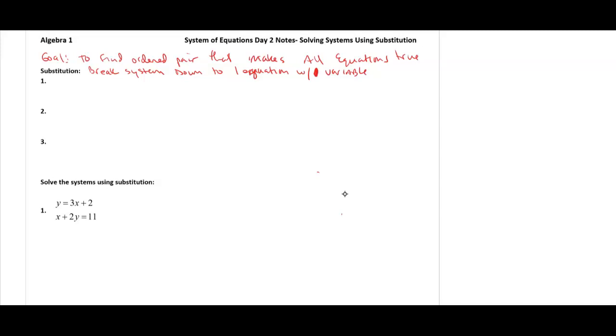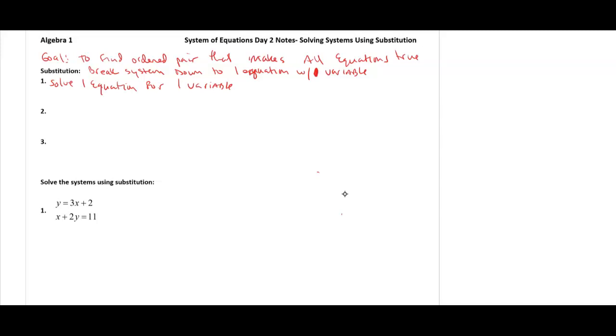Okay, so my first step here when we do this is to solve one equation for one variable. And that can differ, right? You can either solve for x or you can solve for y.